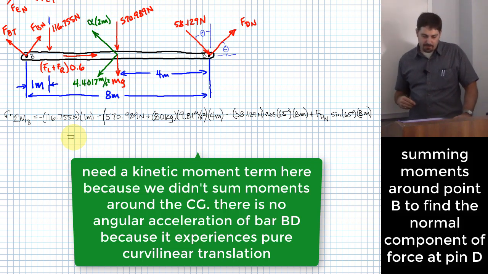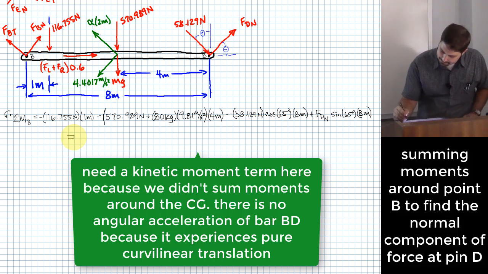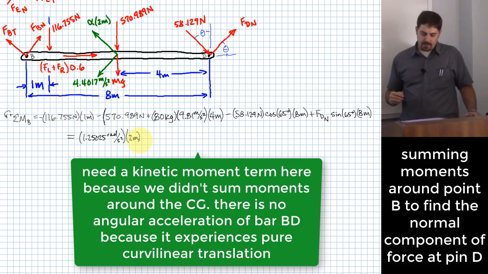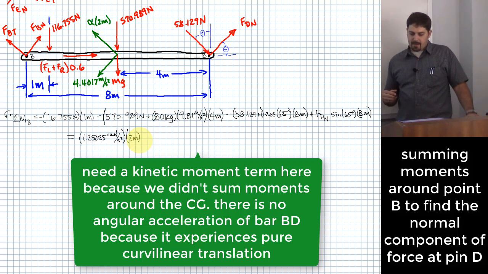And so I take, for instance, alpha times 2 meters, right? Alpha was 1.25025 radian per second squared, times 2 meters. I don't want all of that. I just want the part of it that is creating this kinetic moment around point B, which would amount to the vertical component.